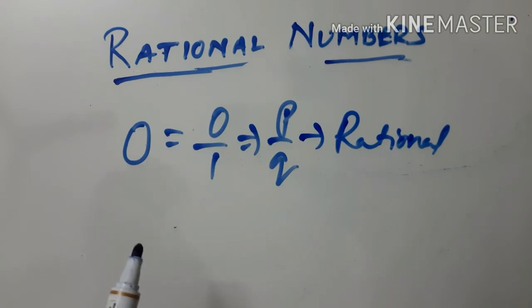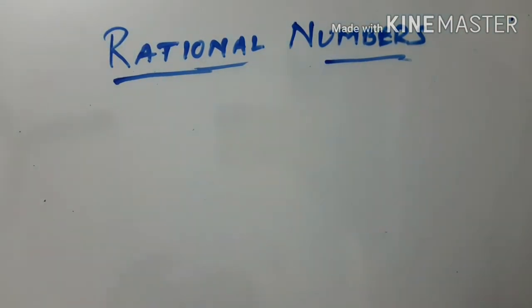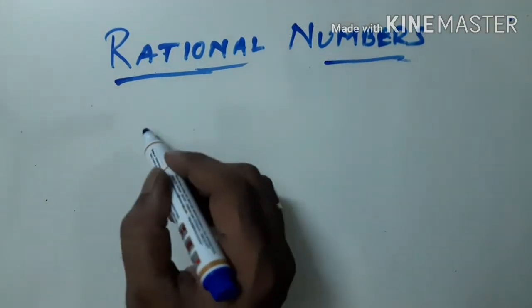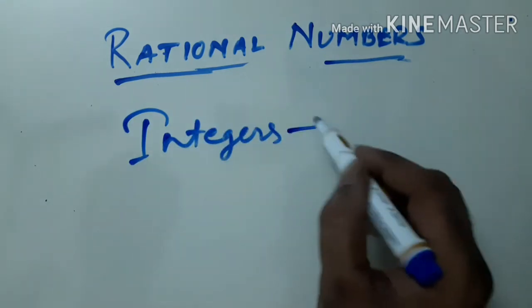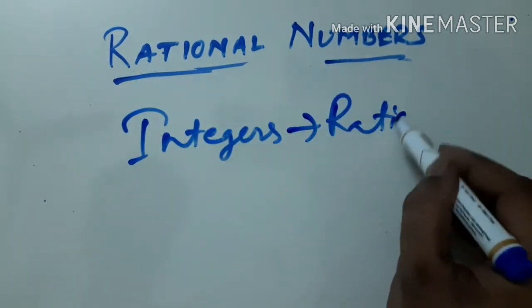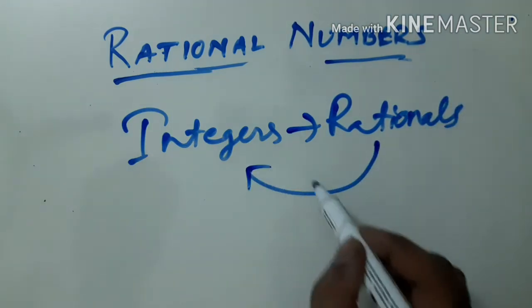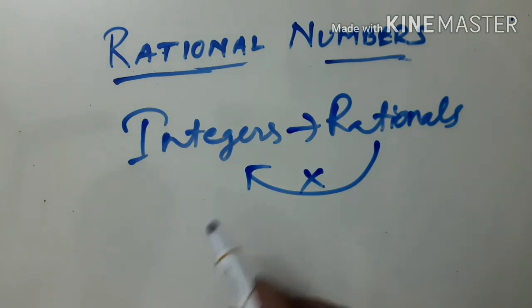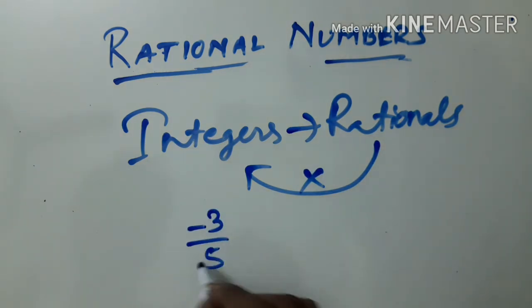So here also we find that negative numbers, positive numbers, and all are rationals. That means all the integers are rational. But the reverse is not correct. Why? Suppose I write minus 3 by 5.